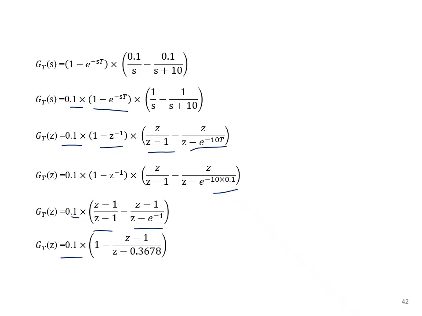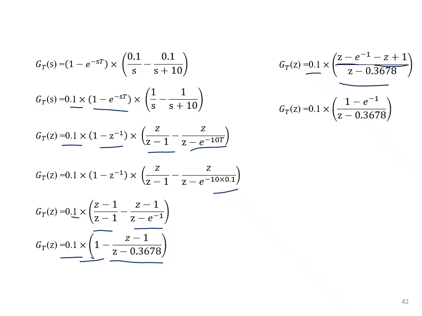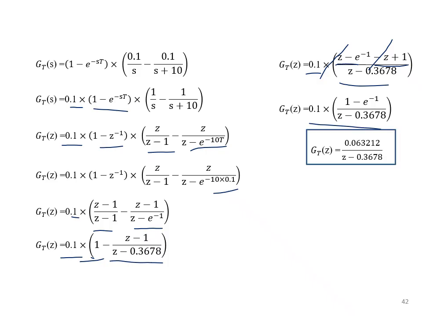We have 0.1, and this is 1 minus Z minus 1 divided by Z minus 0.3678. Then we get the common denominator, Z minus e power negative 1 minus Z plus 1. Z is cancelled with negative Z. We have 0.1 times 1 minus e power negative 1 divided by Z minus 0.3678.